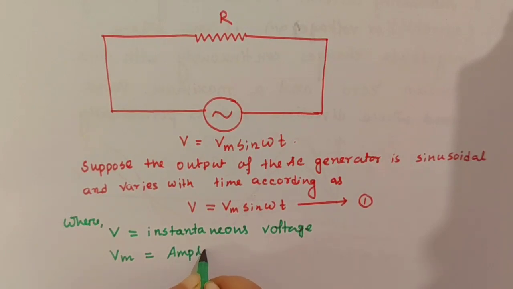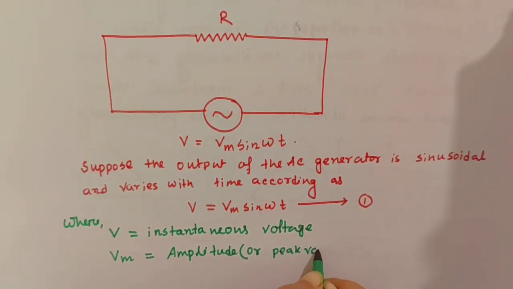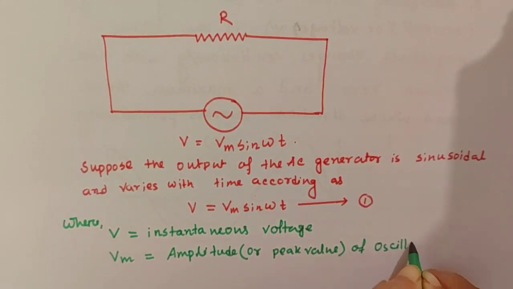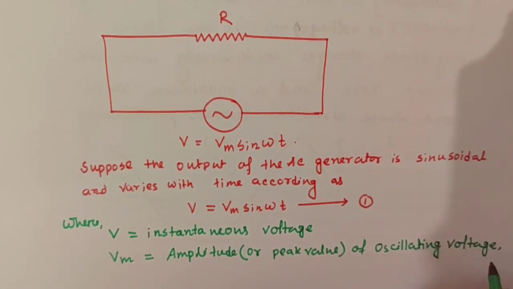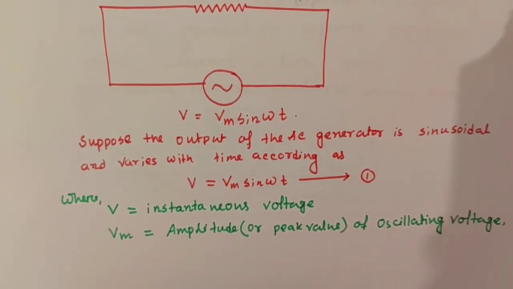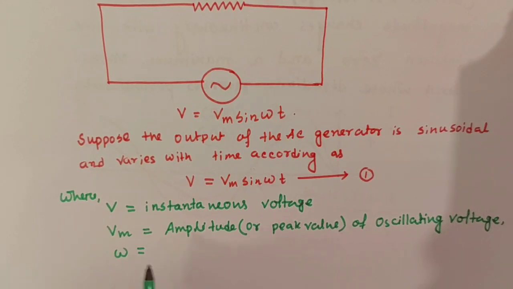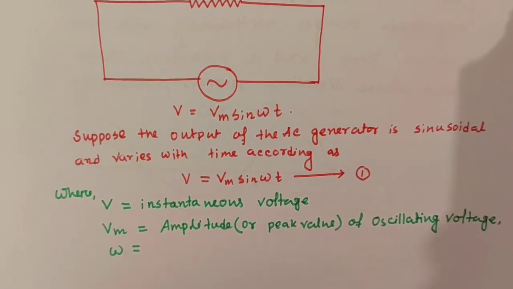Amplitude or peak value of oscillating voltage. And what is this omega? Omega is equal to angular frequency.